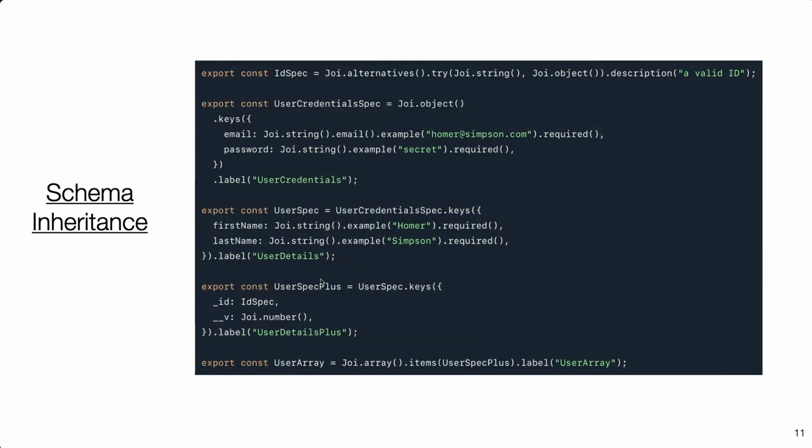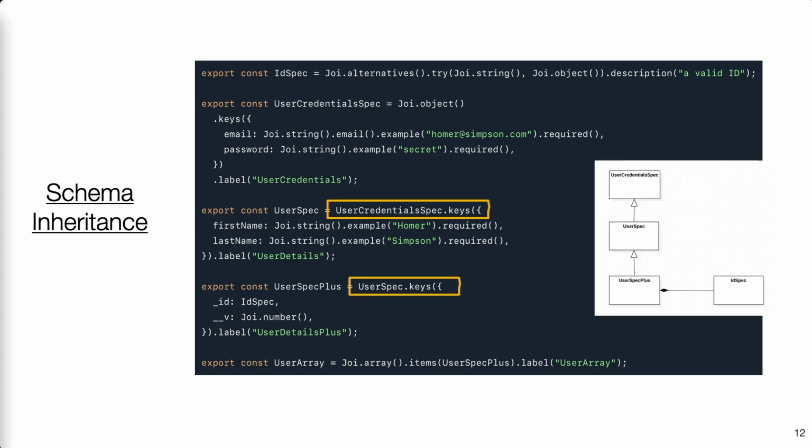This is how it would look inside of a Joi schema. User spec, a user credential spec, user spec, user spec plus. We also have ID spec and user array. And we can see there what we're doing. We've got the idea that the user credentials is extended by the user spec.